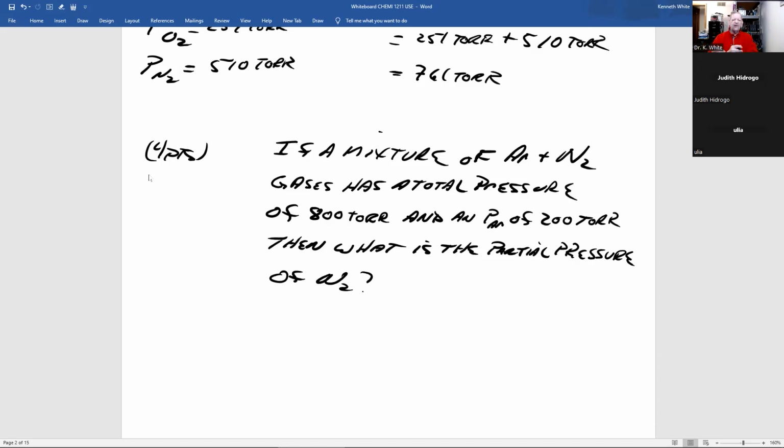All right, let's take a look at this one. If a mixture of argon, that's Ar, and nitrogen gases, N2, have a total pressure of 800 torr, and the partial pressure of argon is 200 torr, then what is the partial pressure of nitrogen? Guess what?